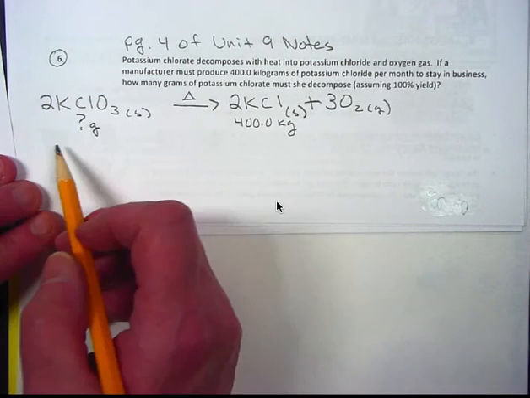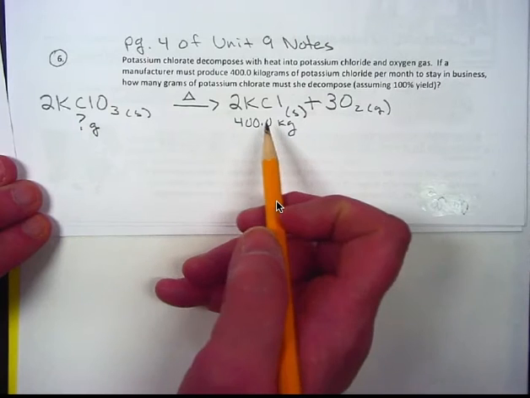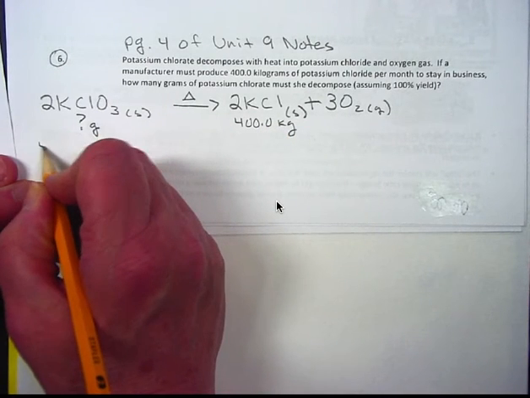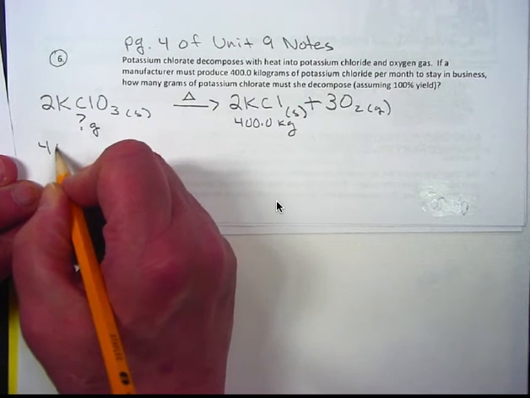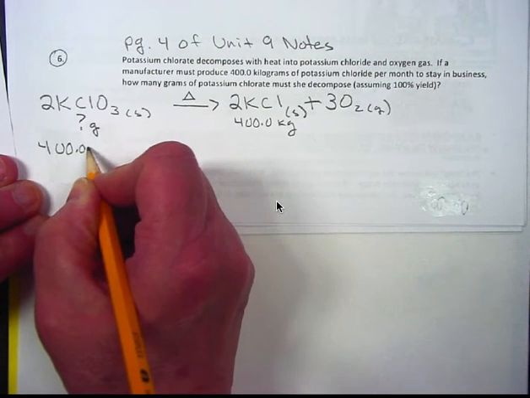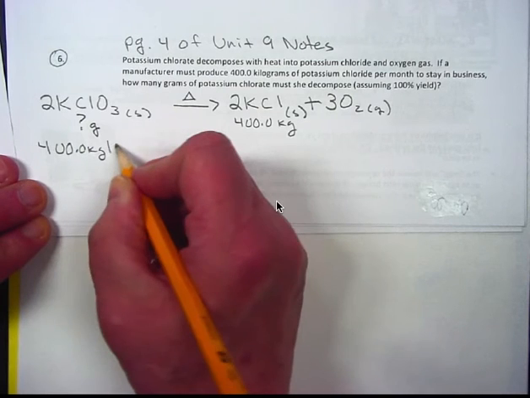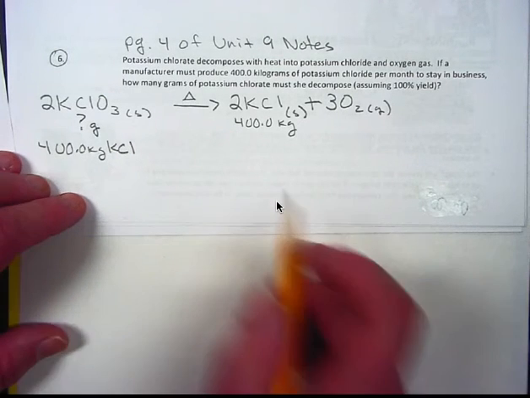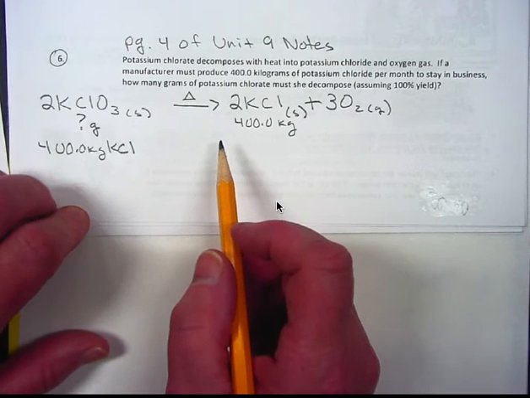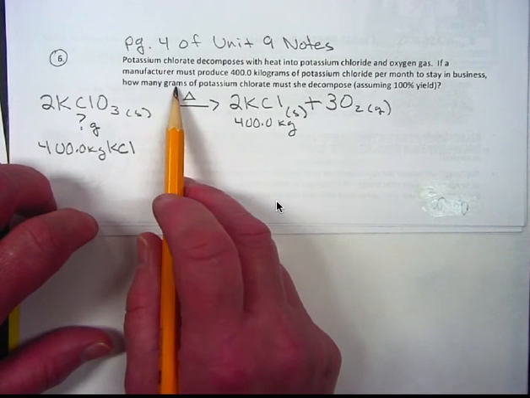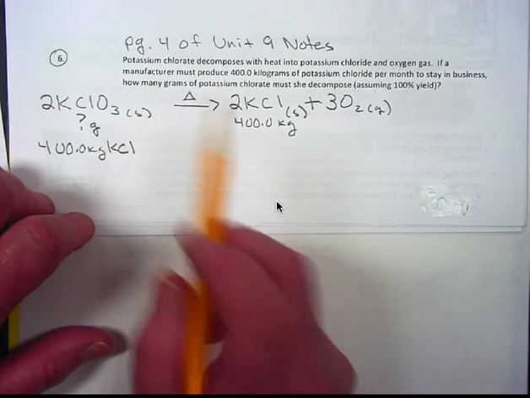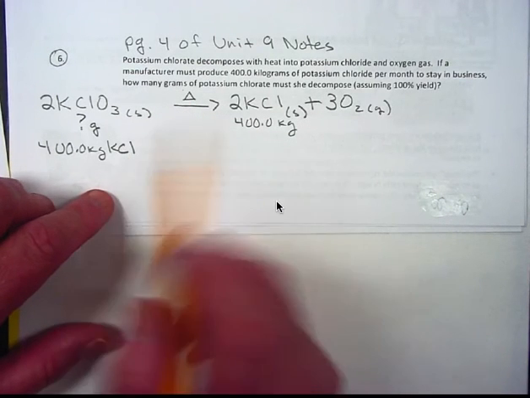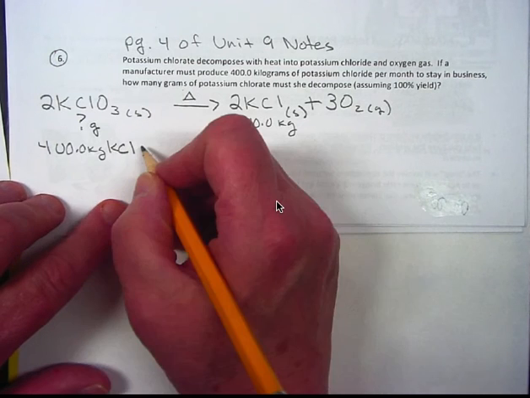So we want to start with the only information we're given, which is the kilograms of potassium chloride. And since the question is asking us to calculate the number of grams of potassium chlorate, we need to first change this from kilograms to grams.